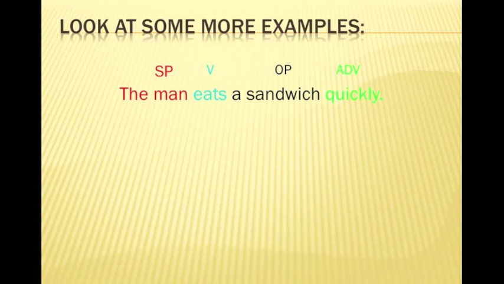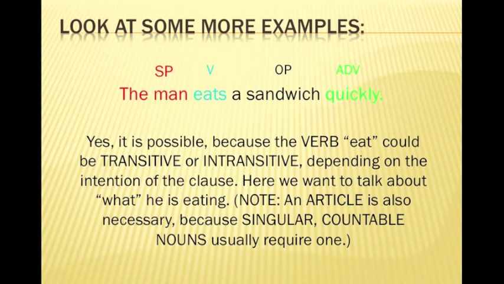So, for example, I add the object phrase, a sandwich. It is possible. Of course, now I'm redefining the sentence. So in this case, what we're talking about now is what he's eating. And remember, since we're adding the word sandwich to this sentence, we do also need an article, because in this case, an article is necessary, because this is a singular countable noun.